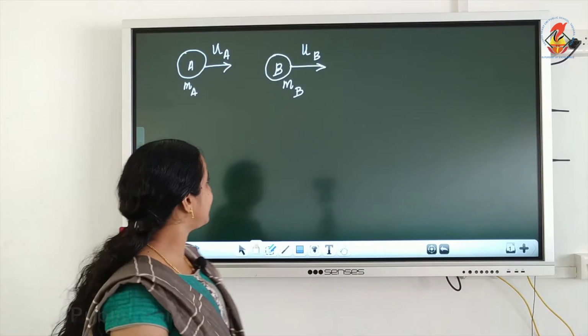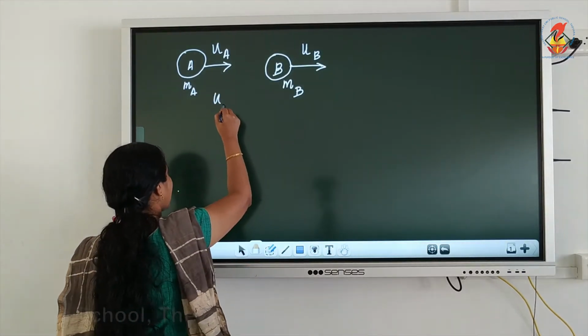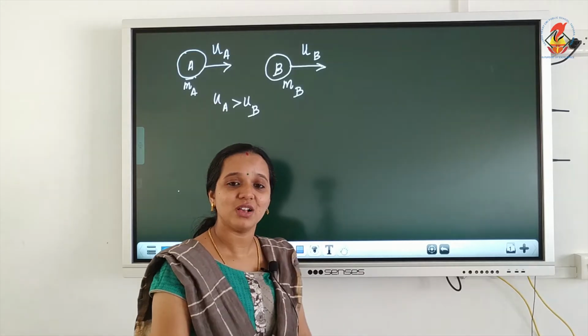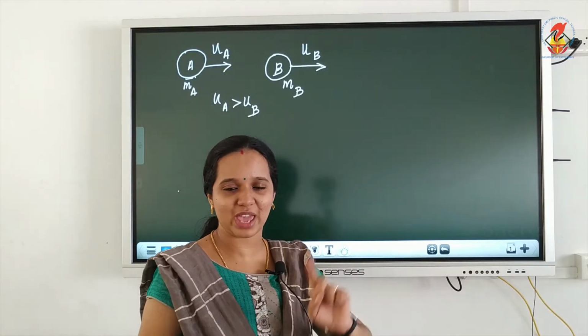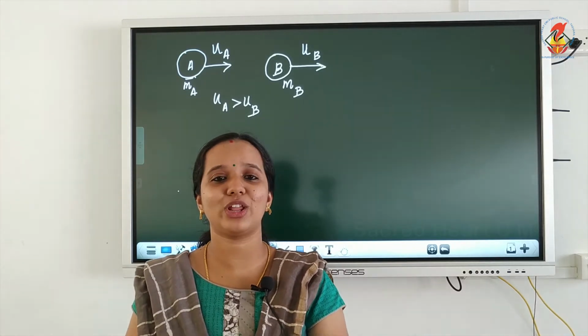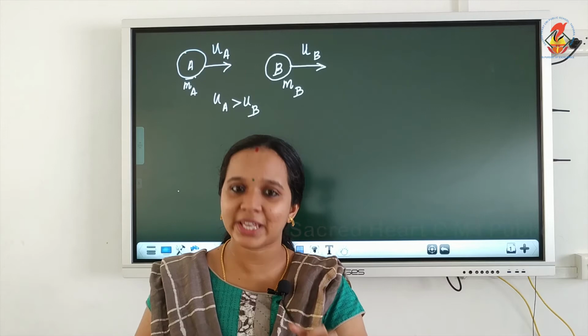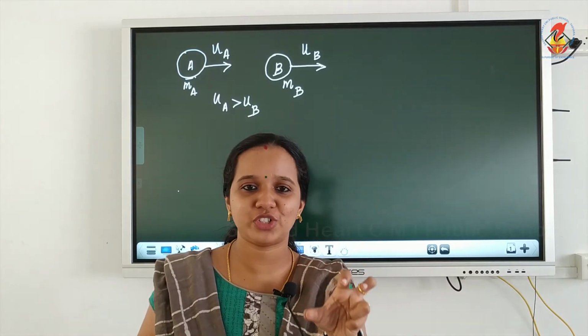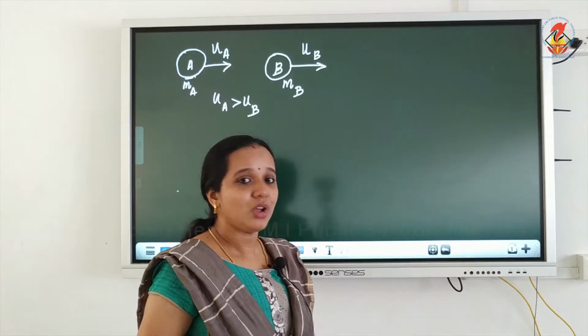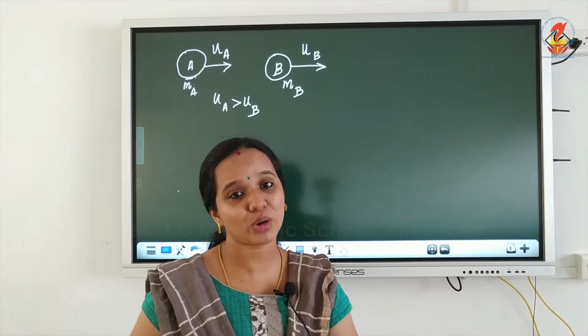Now, let us consider that ua is greater than ub, which means the first object is travelling with a greater speed than the second object. The first object is moving faster than the second object. So, there is a chance of collision.